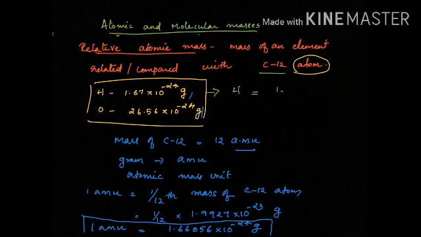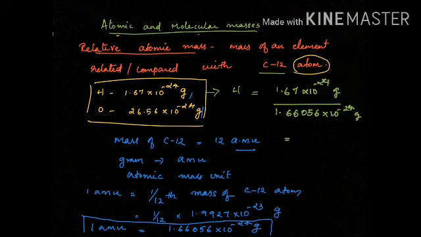So hydrogen's mass in terms of AMU is equal to 1.67 into 10 raised to minus 24 gram divided by 1.66056 into 10 raised to minus 24 gram, where 1 AMU is 1.66056 into 10 raised to minus 24 gram.